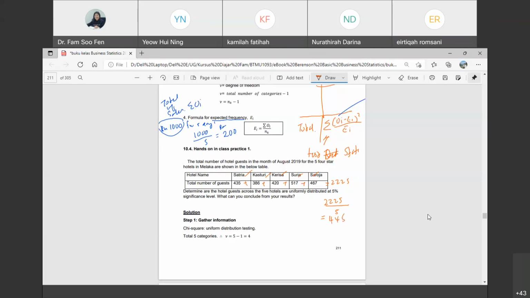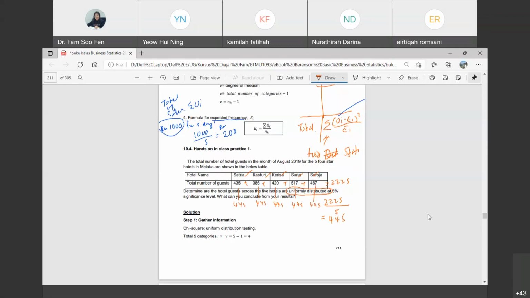So if it is uniformly distributed, this hotel should have 445 guests, this hotel must have 445, this hotel 445, this hotel 445.